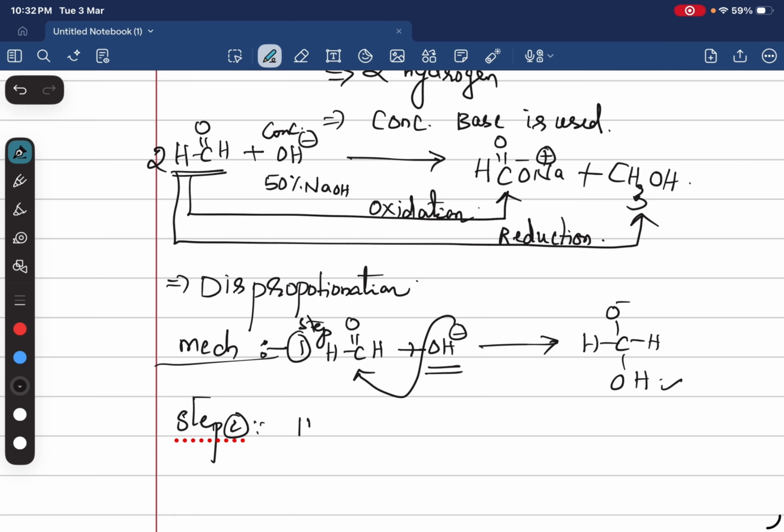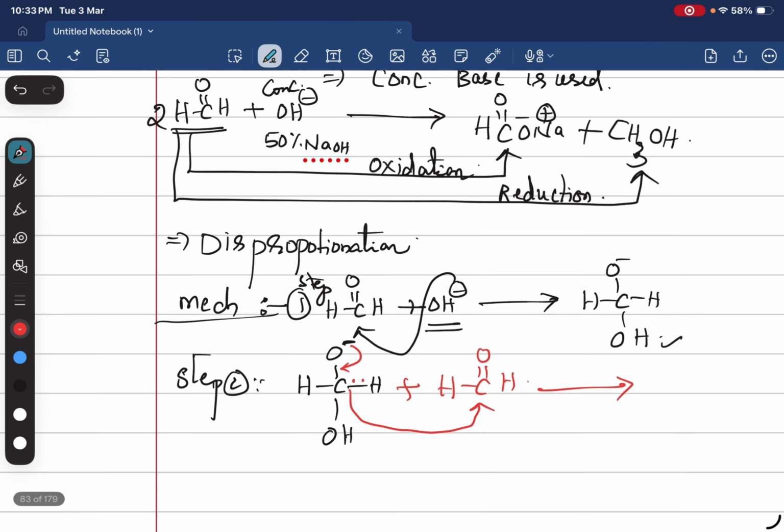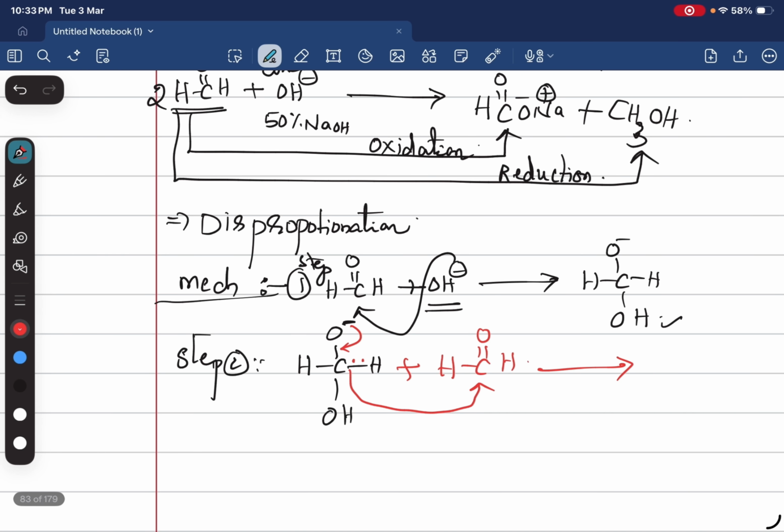Whatever is formed in the starting will make the reaction. In the presence of this, O minus will come back and a hydride shift occurs in this reaction. So this H minus will go and attack here, because just to neutralize the carbon bonds, the H minus will go and attack the carbonyl group. Then what is the result?